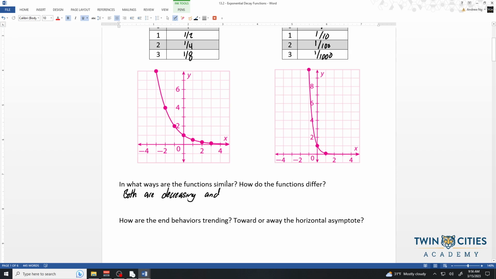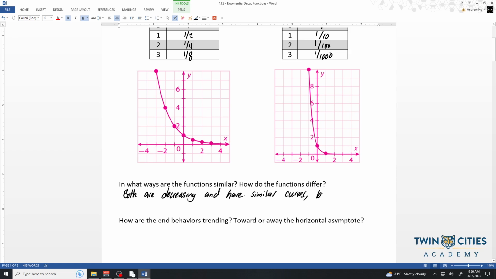And they even have kind of similar curves. But I would say that 1/10 to the x is decreasing much faster. This curve here is much sharper.